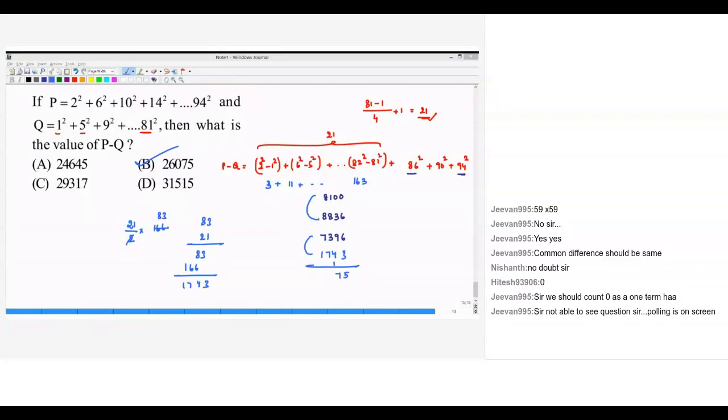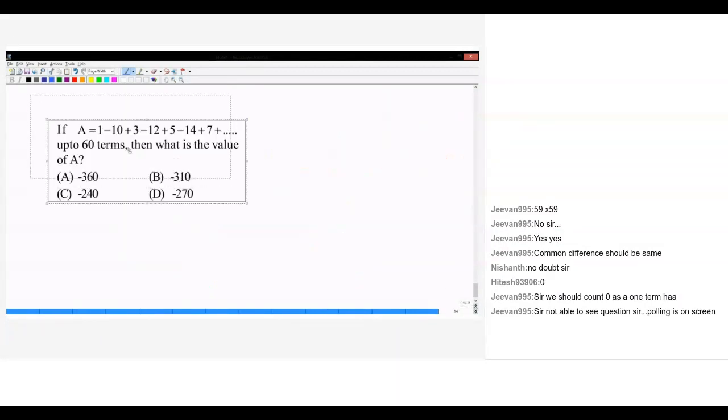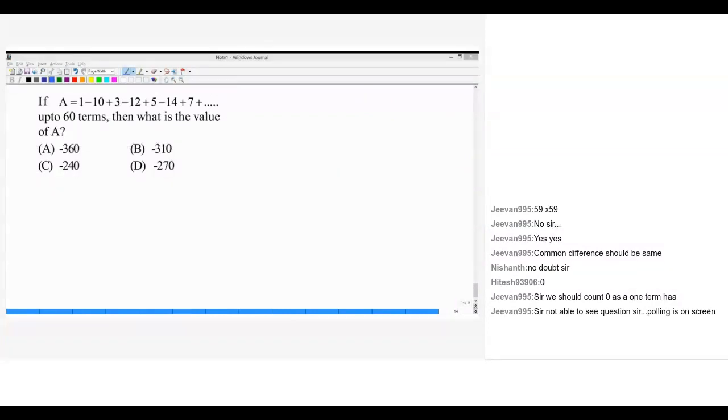If any doubt in this, you ask me. Tell me this question as well.